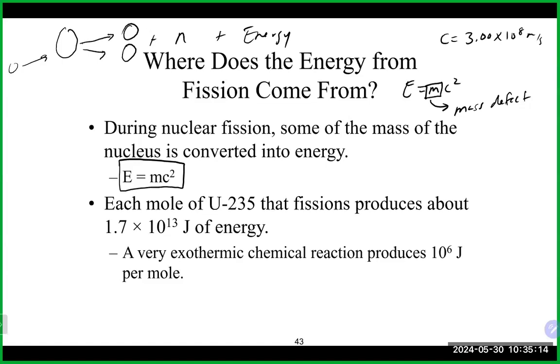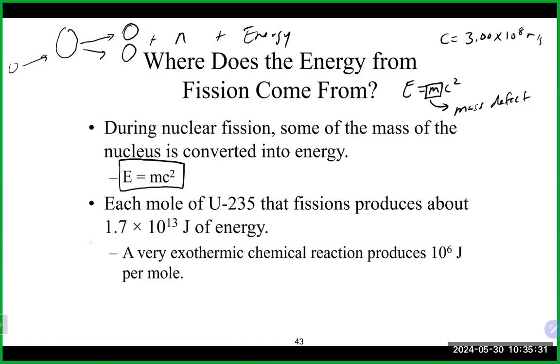So that slight difference in mass gets converted via Einstein's equation into energy that's released as this nucleus is formed. And the result of that is, as we've talked about, it gives off a lot of energy in a fission reaction.